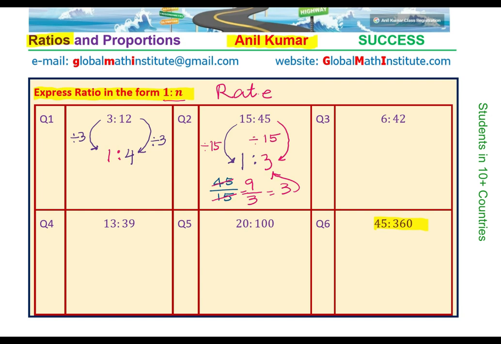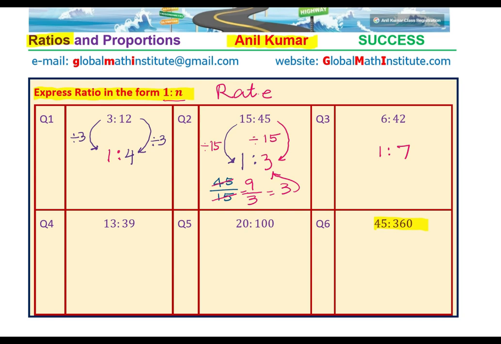Let's move on to the next ratio where we want to write 6 is to 42 as 1 is to what? We know 6 times 7 is 42. So that makes sense, right? So basically each term is 7 times, right? So 6 times 7 is 42, 1 times 7 works for us. That is another way of looking into the same question, right?